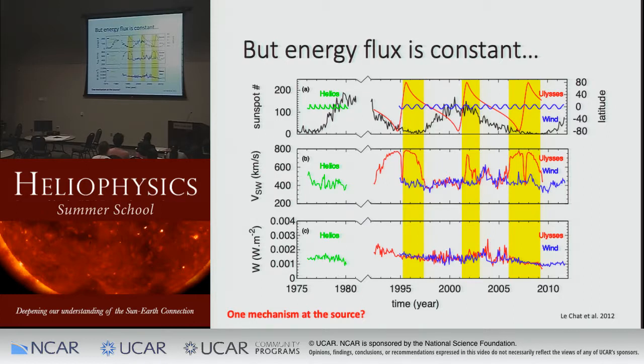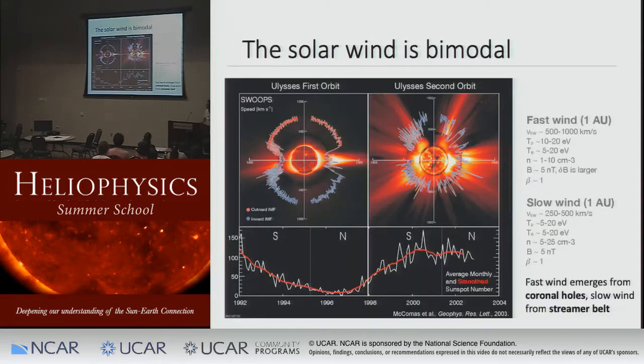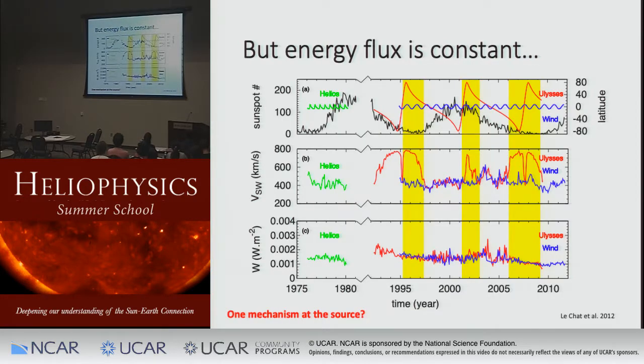The radial parameter here is the speed of the wind. It saw fast wind over the poles and slow wind through the streamer belt, fast wind over the poles, etc. This is in solar max. This is at solar min. So you see that in this plot.